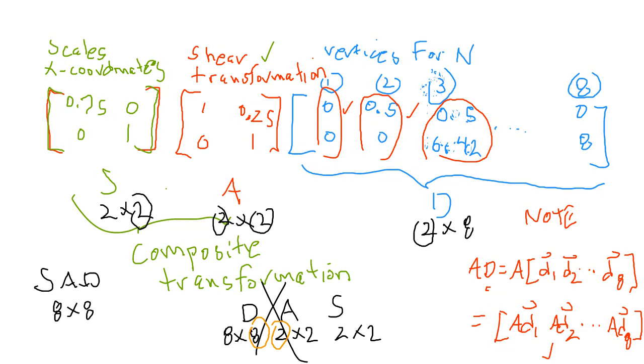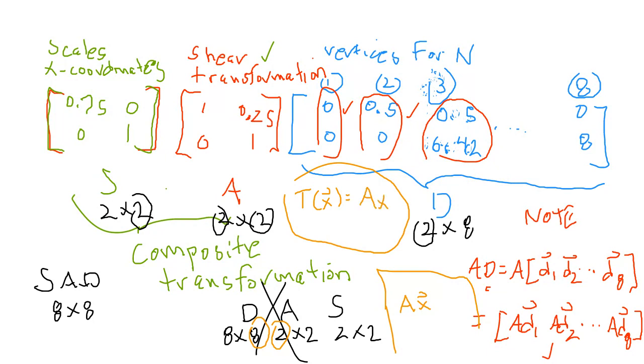The matrix transformation is, remember, A times X. Remember the notation. This is just beside the point, but transformation of x equals A times x. How many recall that from earlier homework?